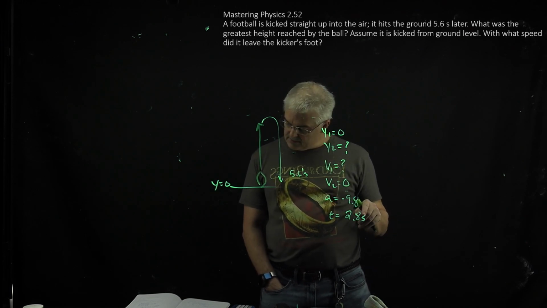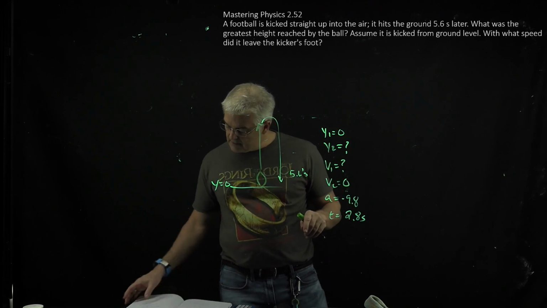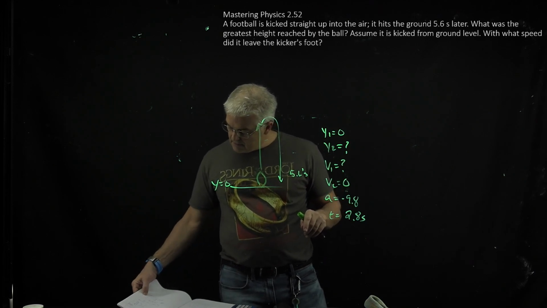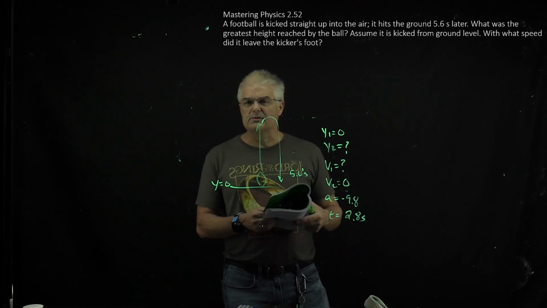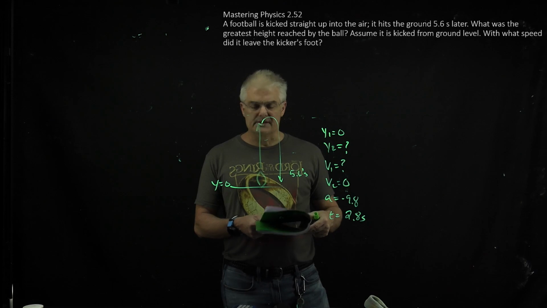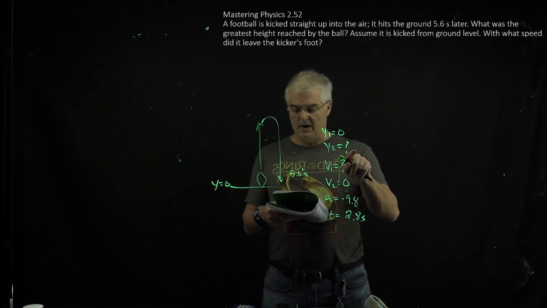So watch how I do this. I'm going to use our, if you will, our v2 questions. What speed did it leave? What was that greatest height? Actually, we have two questions. What's the greatest height? So what's y2?